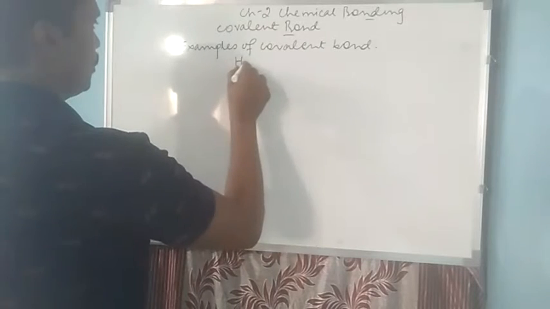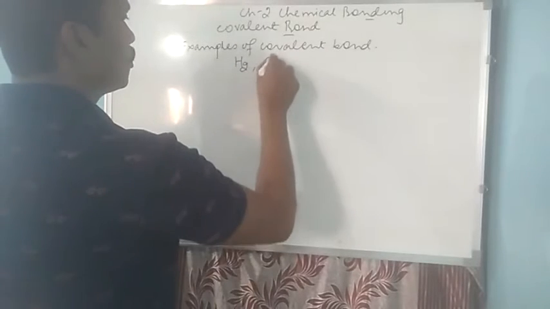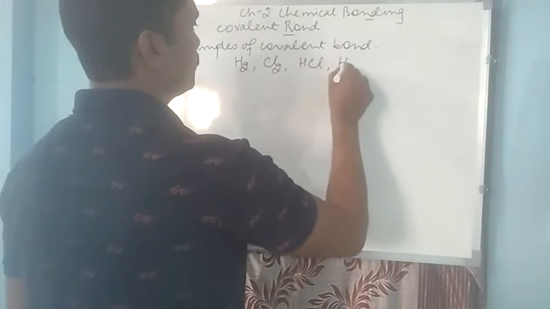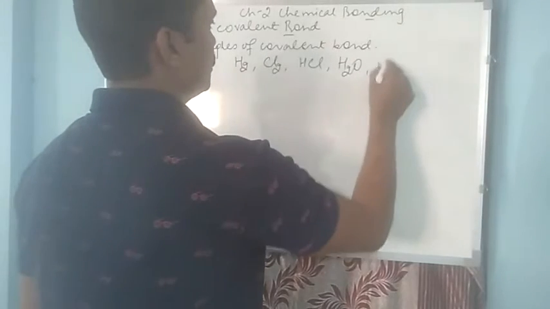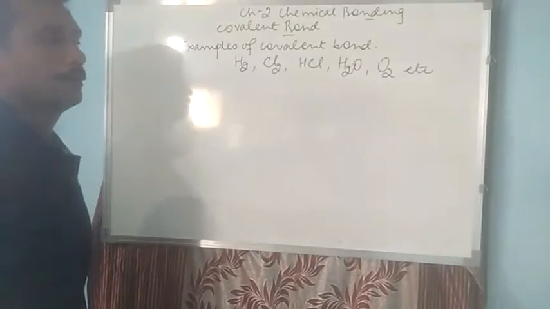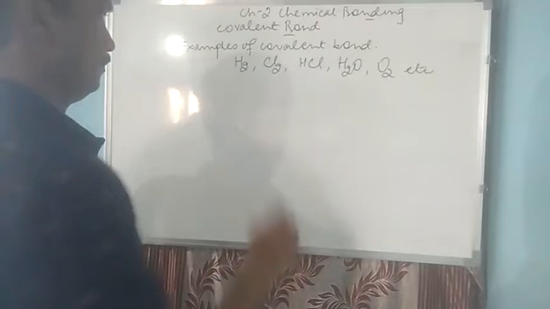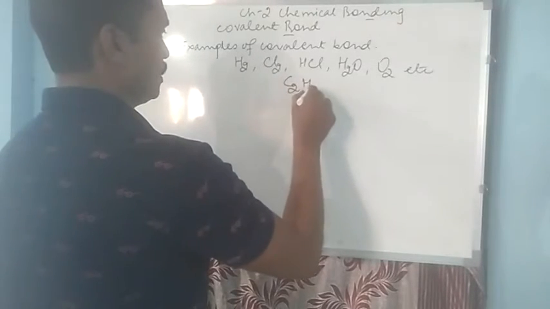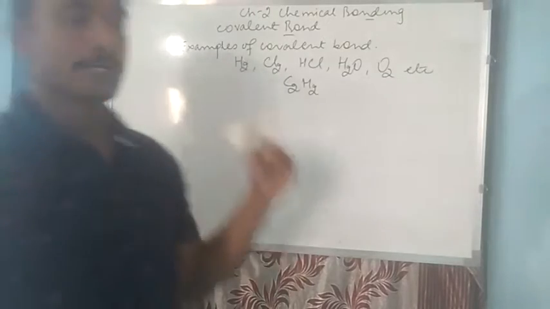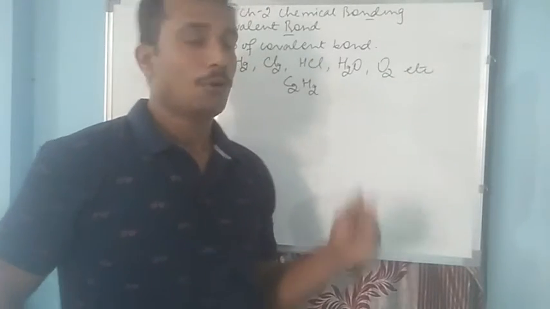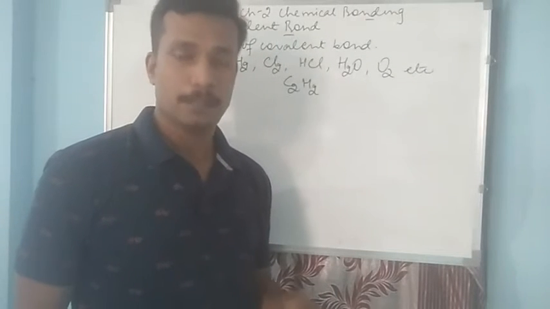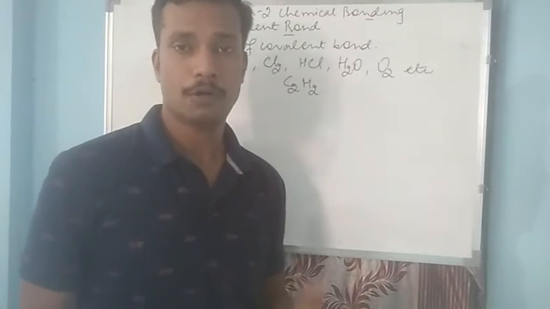We will find covalent bond in hydrogen molecule, chlorine molecule, HCl, water, oxygen, etc. Now we are taking one more example, C2H2. Now when we take these examples, it is found that all these molecules do not have single bond between the two atoms. There can be single, double or triple bonds.